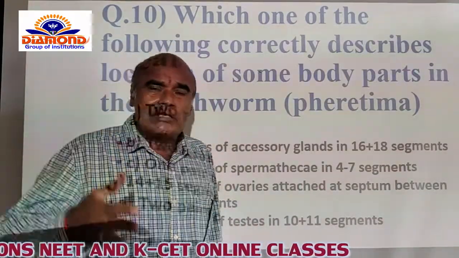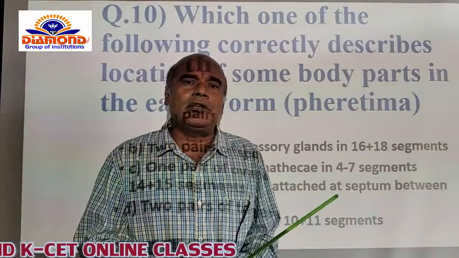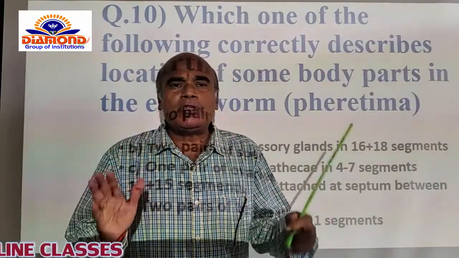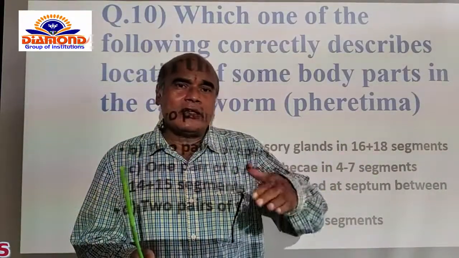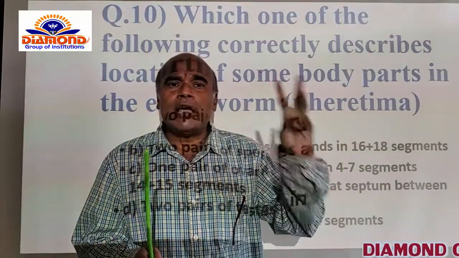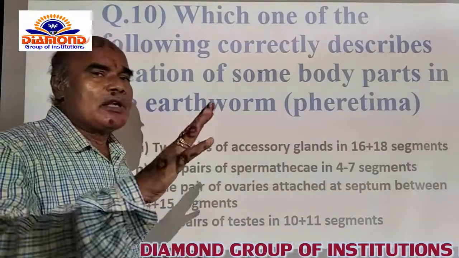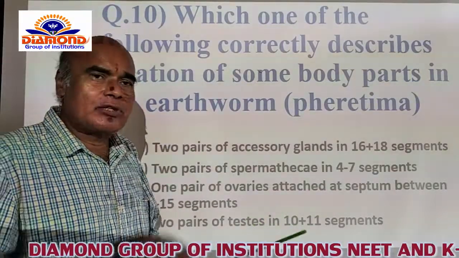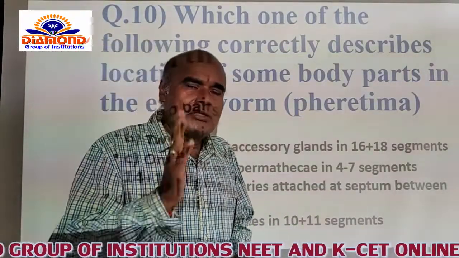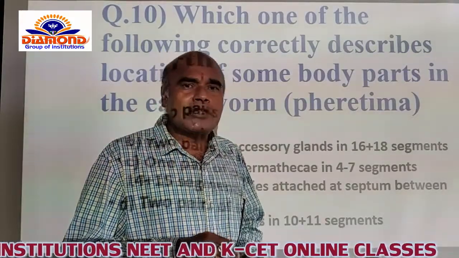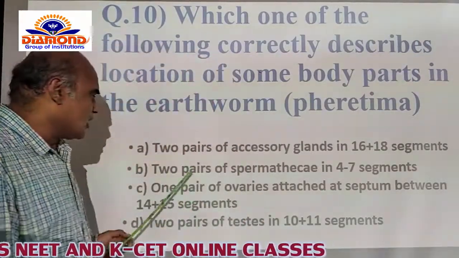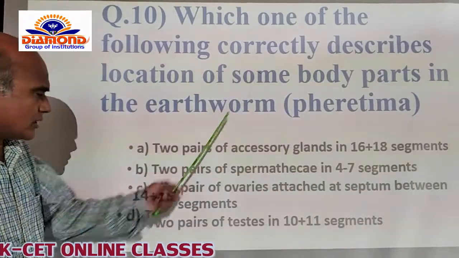Or when you consider the segments directly, the four pairs of spermathecae are present in the 6th, 7th, 8th and 9th segments, not two pairs. Only four pairs of spermathecae can be present, which are scattered in the 6th, 7th, 8th, 9th segments respectively. So option B is also not correct.